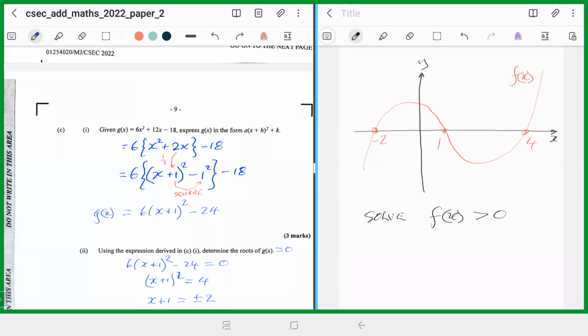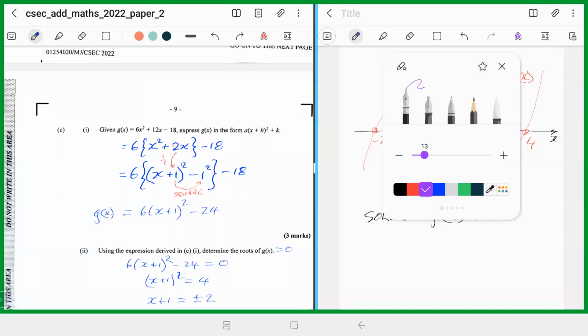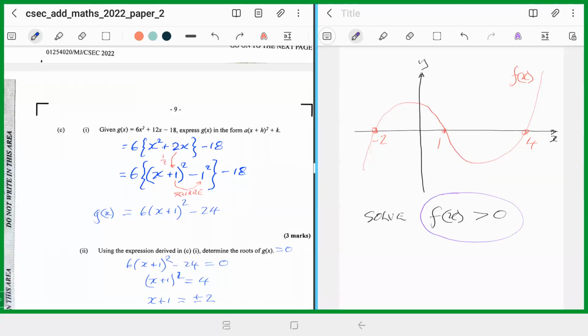Firstly, which part of the graph would this inequality be talking about? We're talking about the part of the graph that is above the x-axis. So it's talking about this part here, and this part out here. So the answer would be between these two roots, but outside this one.